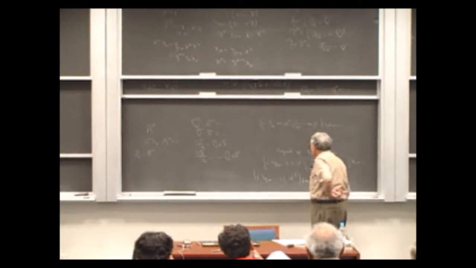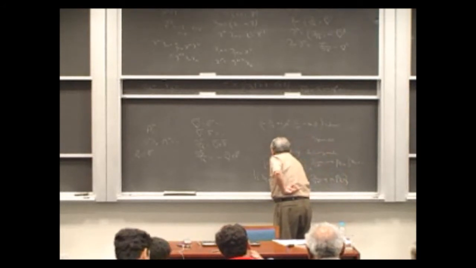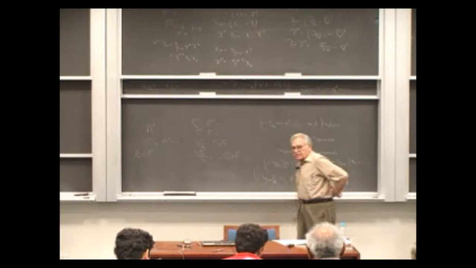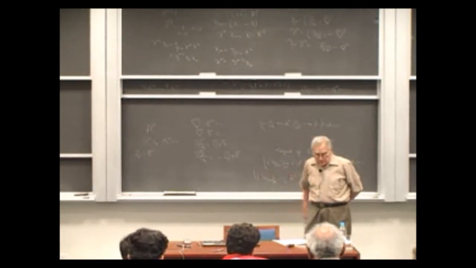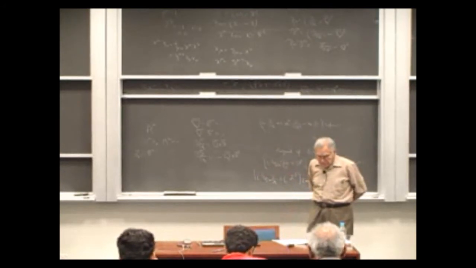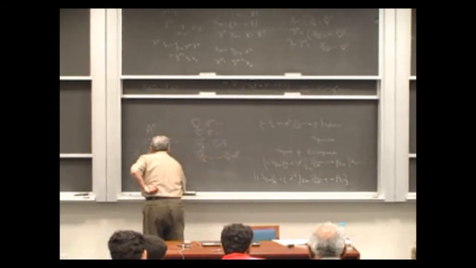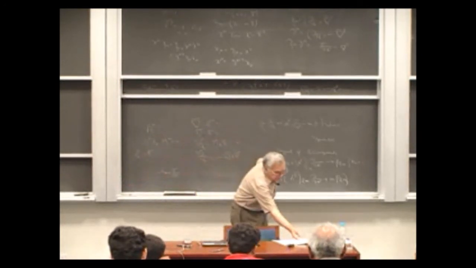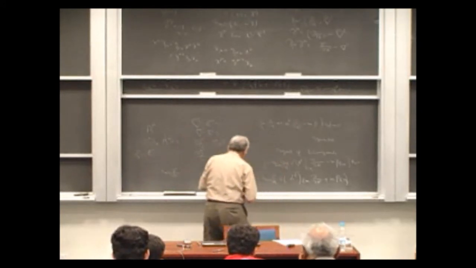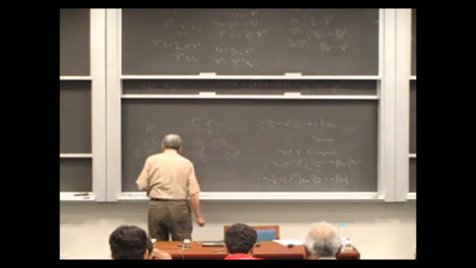So if I do that, this is easy to see. The terms which remain are minus delta m. This is the term which remains, and this is the Kronecker delta. This is the term which remains.